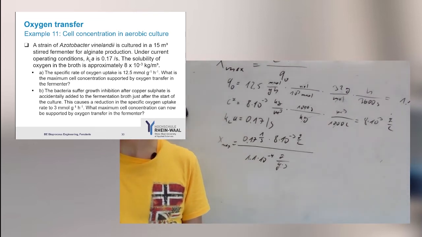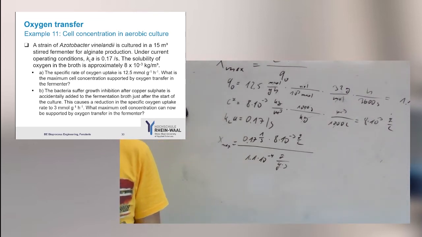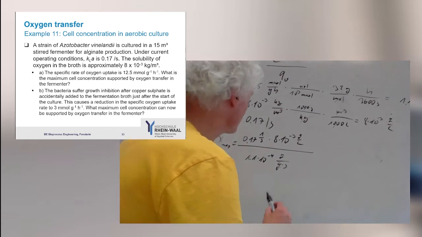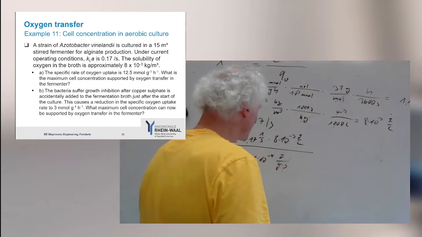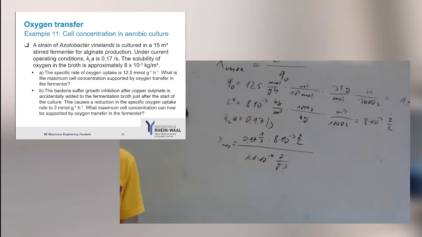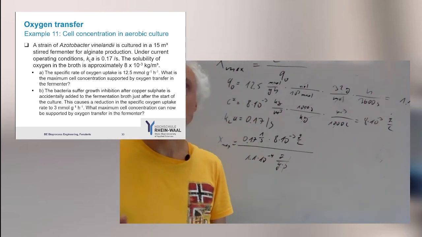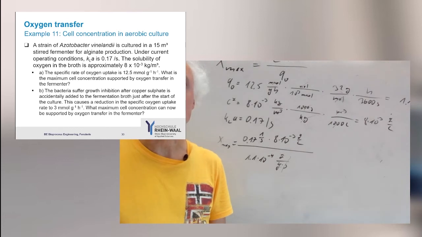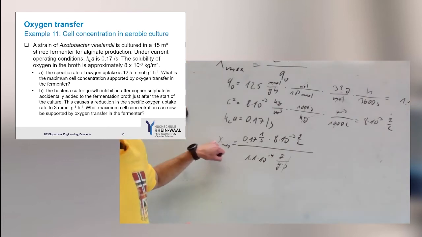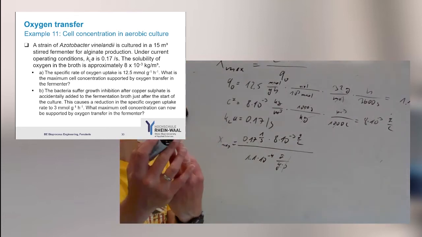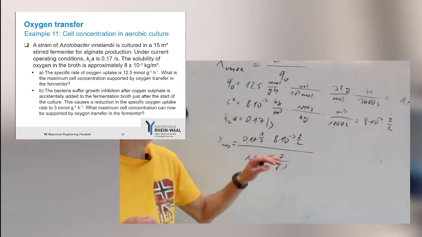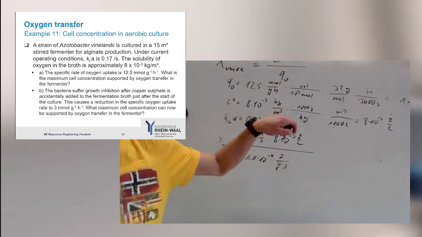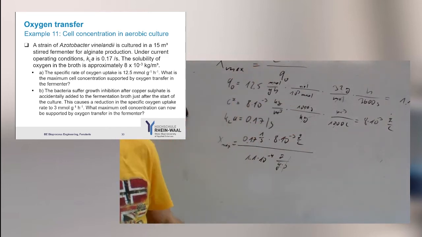The seconds also get kicked out, and we end up with a concentration of grams per liter, which is a biomass concentration, which is okay. So keep the units, it's really important. Grams per liter is more reasonable, so it was good that we converted this to grams per liter and not to kilograms.